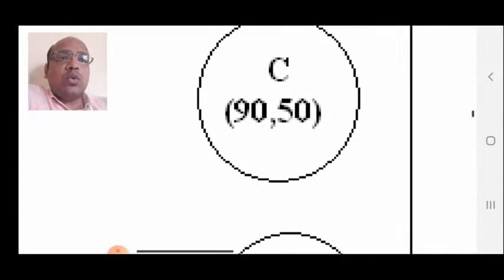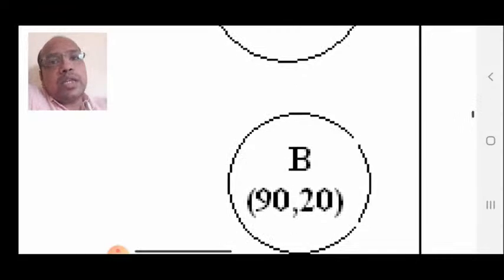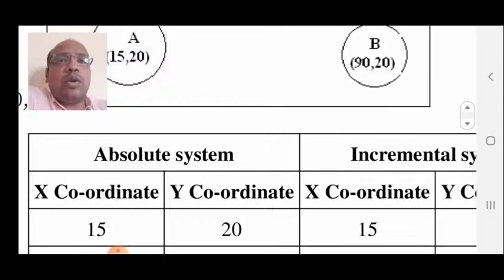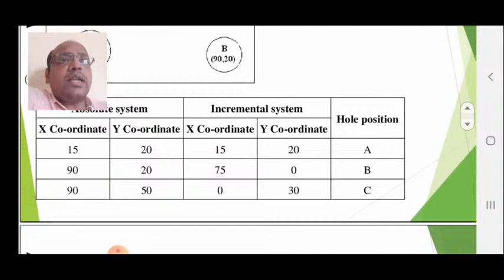Suppose in this diagram you want to write the coordinates of point C, point B should be the origin. So the previous point becomes the origin and you can write the coordinates of the next point. This is called the incremental coordinate system. Both coordinate systems are mostly used for drilling operations only. You can see the difference exactly. In the incremental coordinate system, x and y coordinates are written by assuming the previous point as the origin.